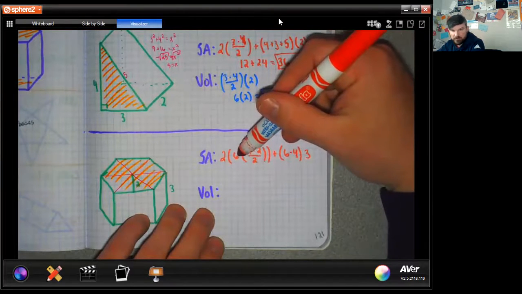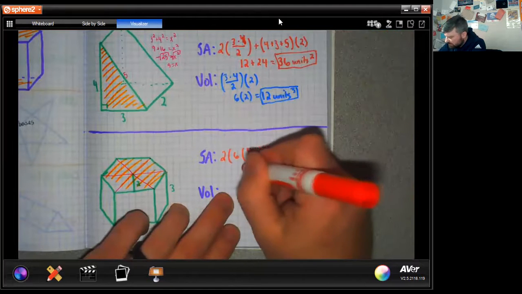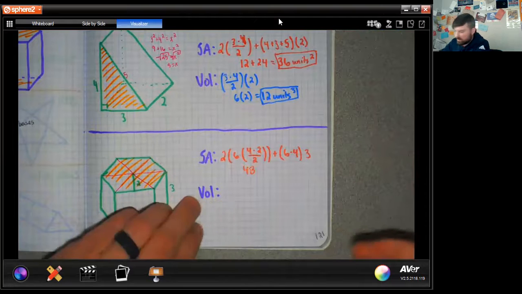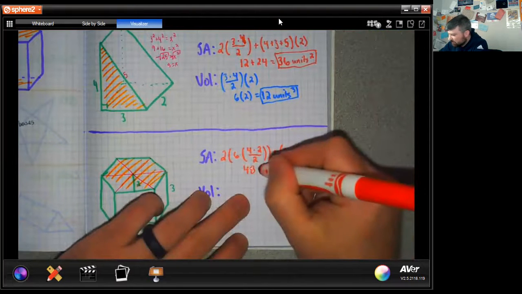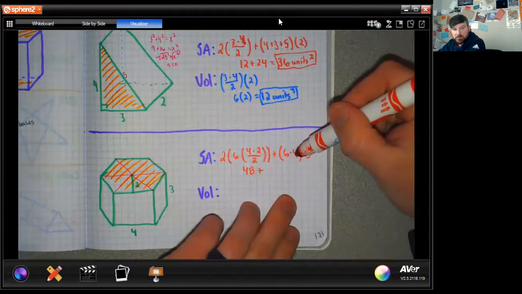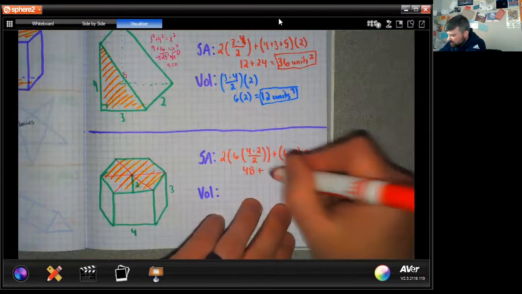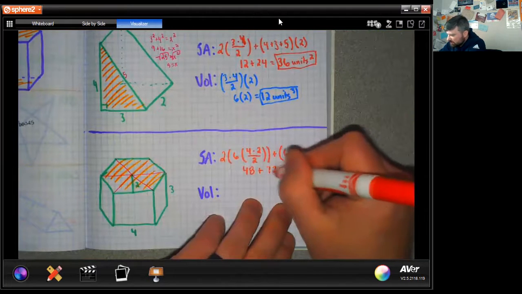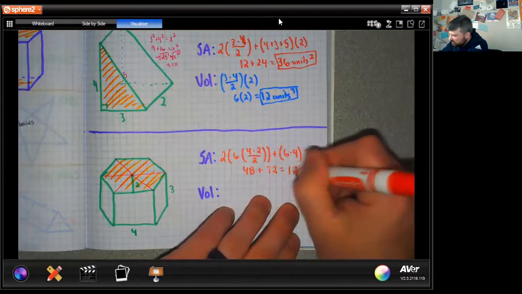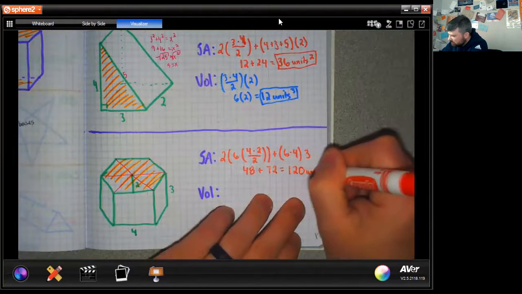And 24 times 2 is 48. Now, feel free to put this into a calculator if you want. Plus 6 times 4 is 24. And 24 times 3 is 72. And if I add those two things up, I get 120 units squared.